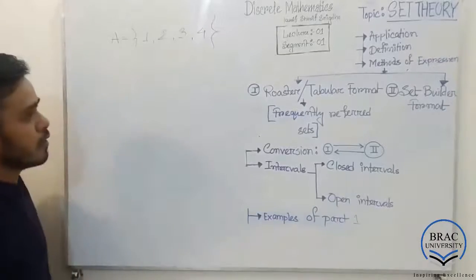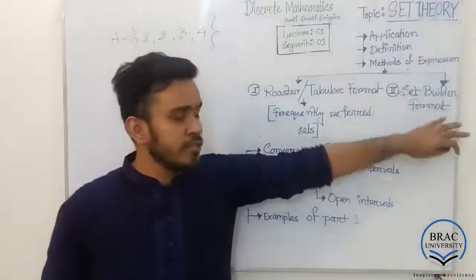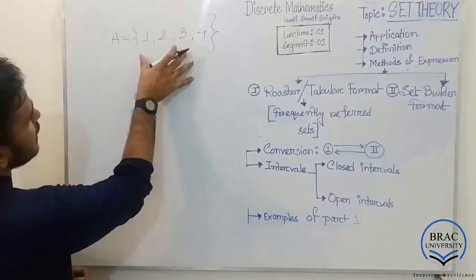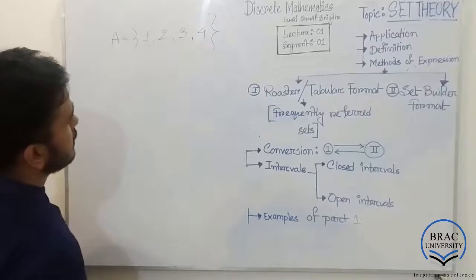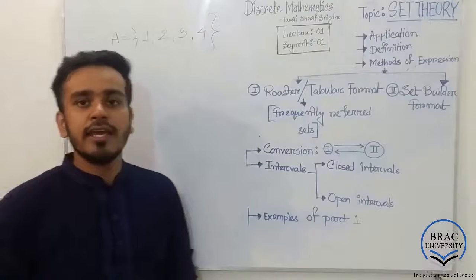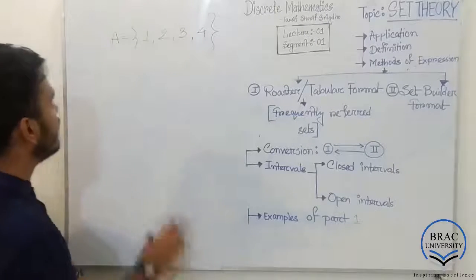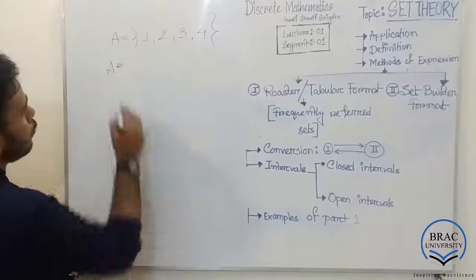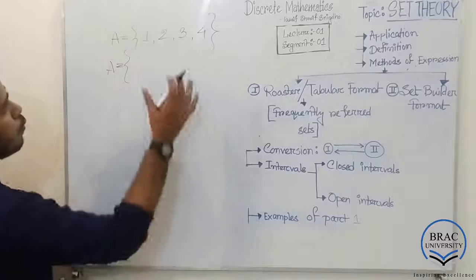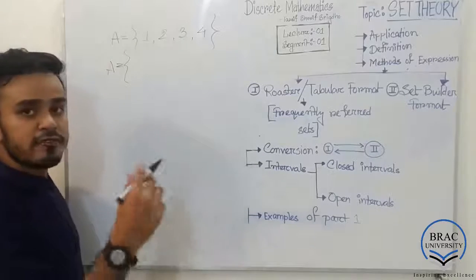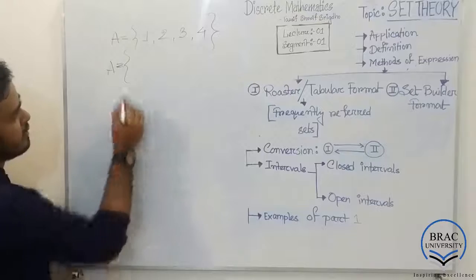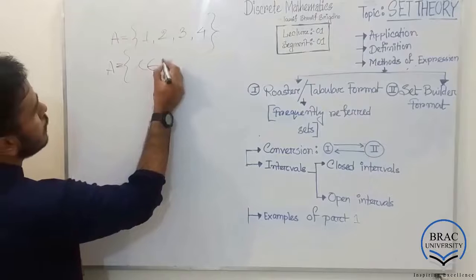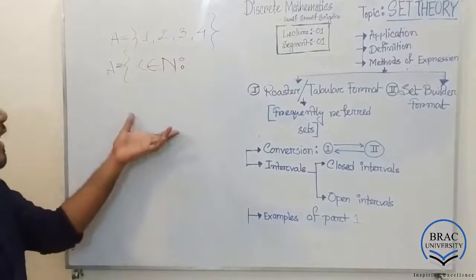Now, how do we express a set using set builder format? We have already seen a set being expressed in tabular format. Can we express this set in set builder format? Yes, we can. For expressing a set in set builder format, we'll start with a curly brace and then we'll pick the representative element of this set, say x, and x belongs to N. Why have I written that?